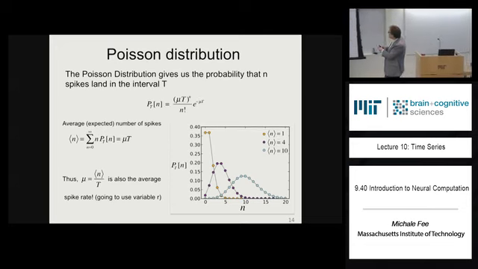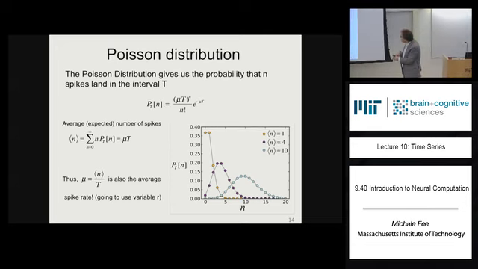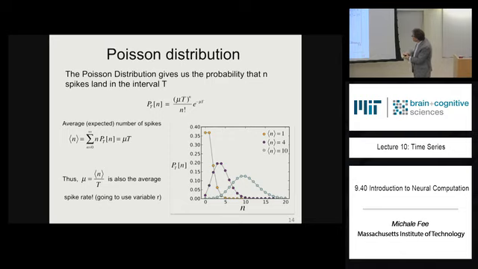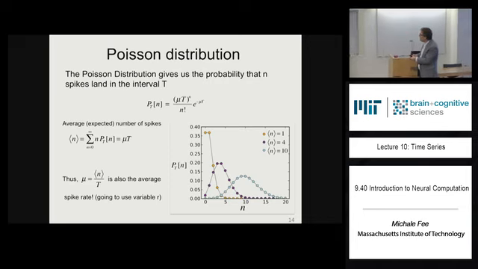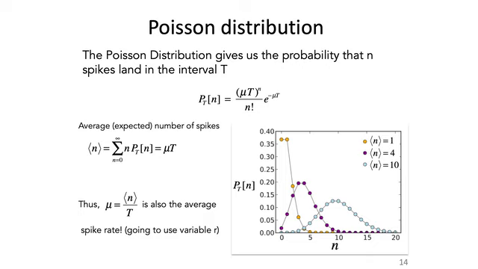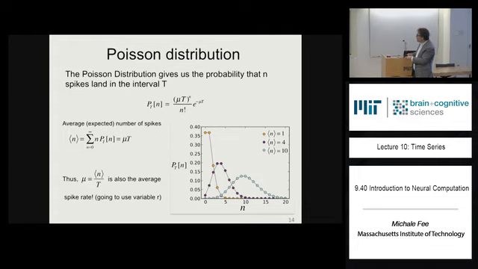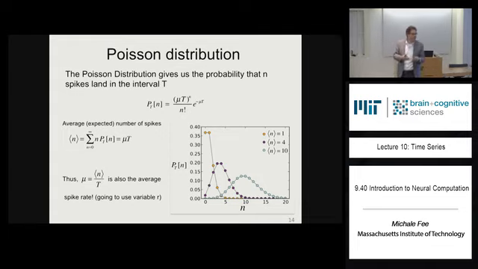If the expected number of spikes is 4, you can see that that distribution moves to the right. You have a higher probability of getting 3 or 4 spikes, but again, there's still a distribution. So even if the average number of spikes is 4, you have quite a wide range of actual spike counts that you would get on any given trial.